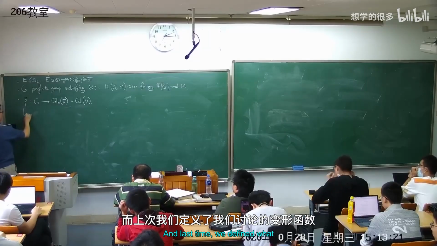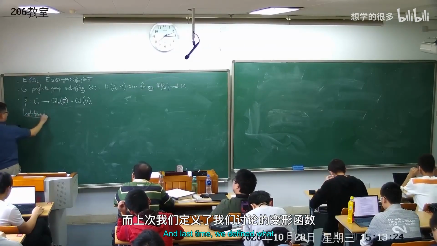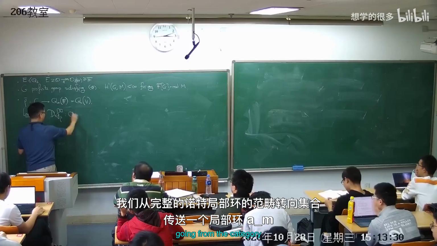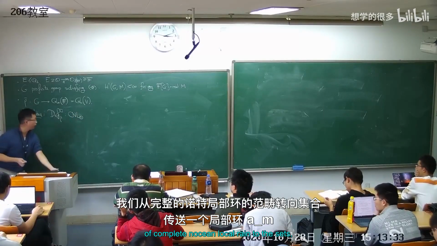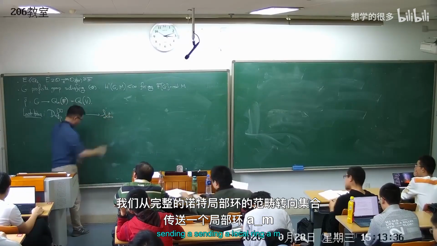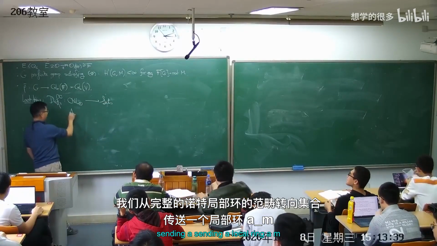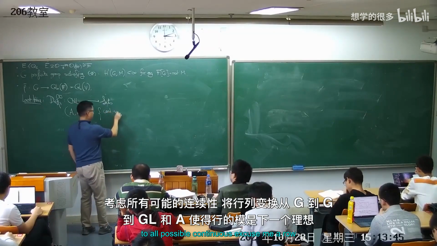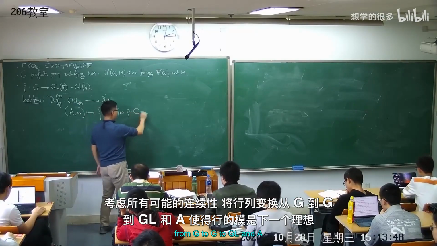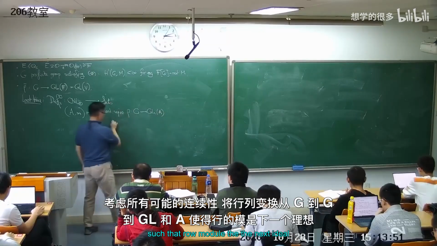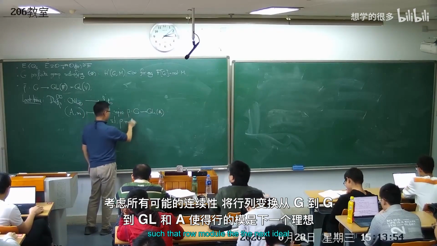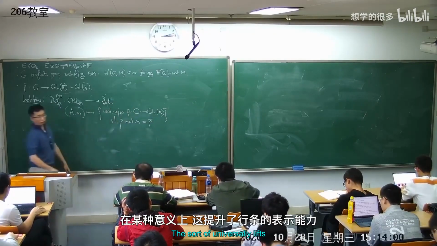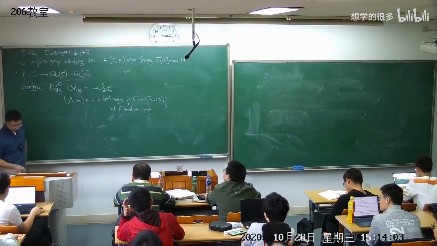And last time we talked about the deformation functor going from the category of complete Noetherian local rings to sets, sending a local ring (A, m) to all possible continuous rho from G to GL_N(A), such that rho modulo the maximal ideal is the same thing as rho bar. It universally lifts the representation rho bar. Okay.